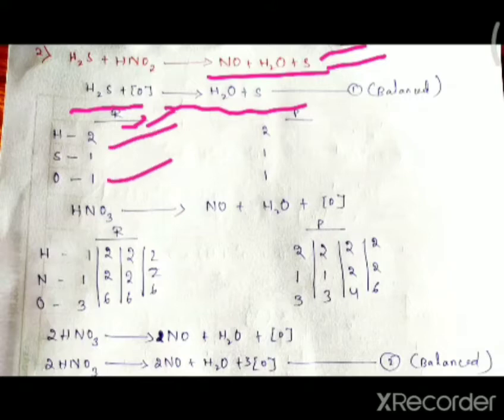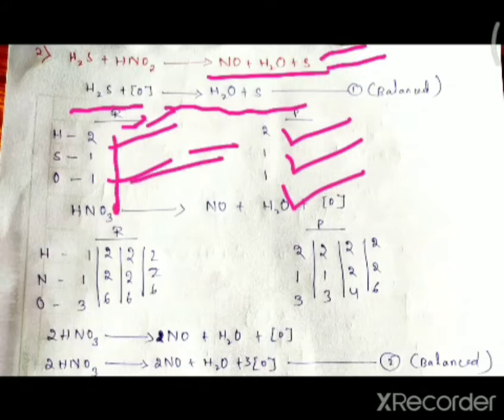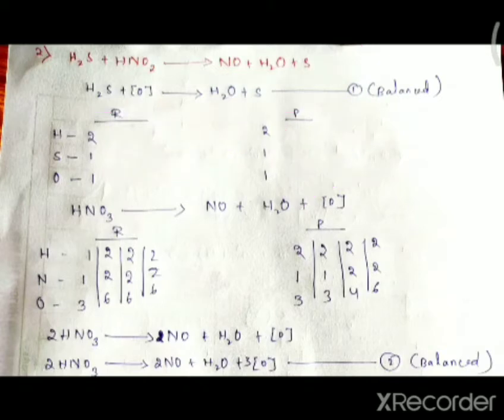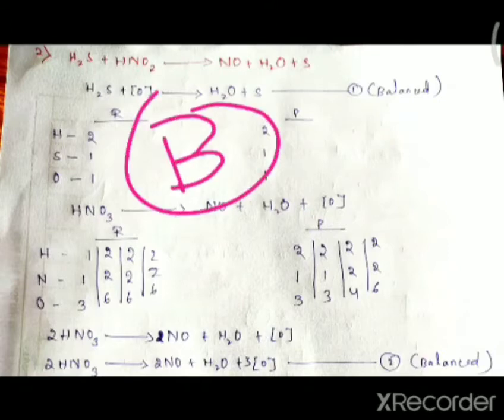And in the product part, hydrogen is 2 atoms, sulfur 1 atom and oxygen 1 atom. So, you can see these are equal to each other. That means the reactant part and product part are the same on both sides. That means this equation is balanced.